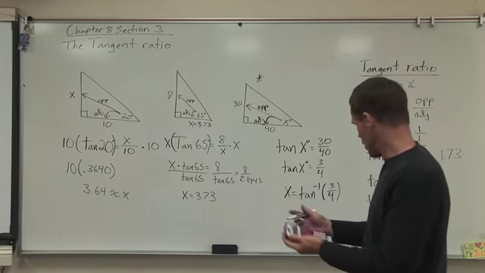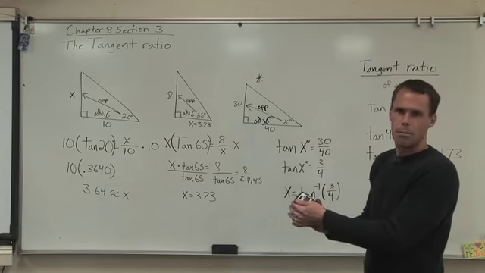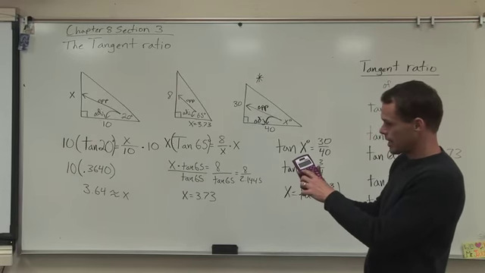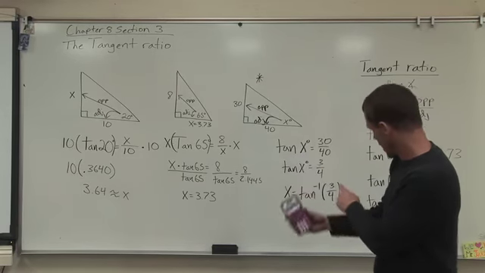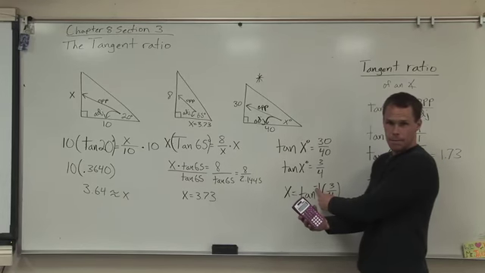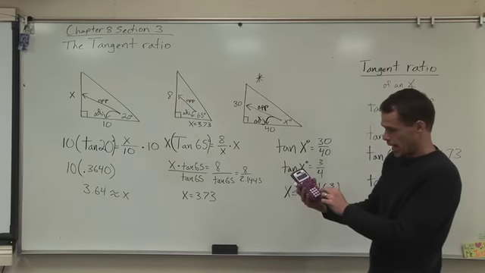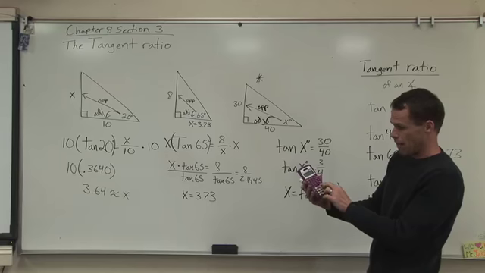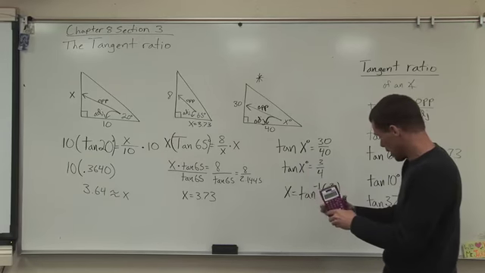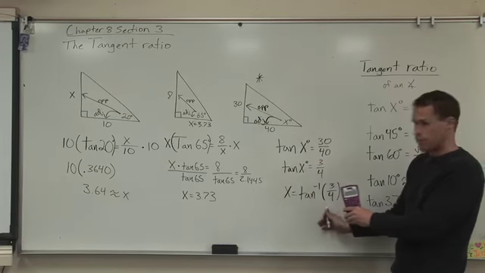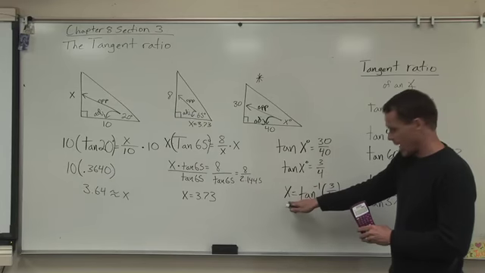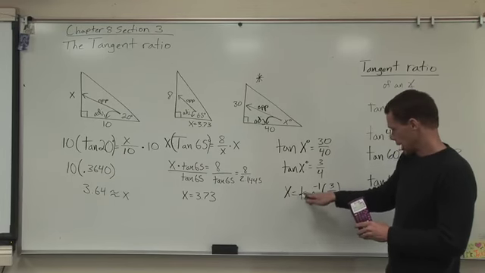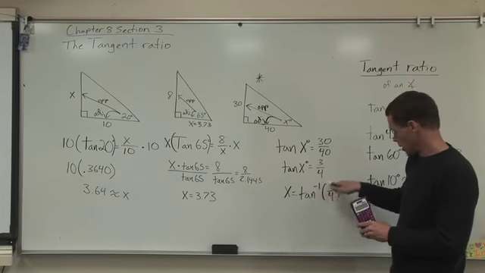The way to do that is on your calculator, look for the second button. When I hit the second button and then tangent, I get tangent -1 and a parenthesis. At this point, I can put 3 divided by 4 in the parentheses and close it. This is exactly what I have written on my calculator: second tangent, which gives me the -1, 3/4.